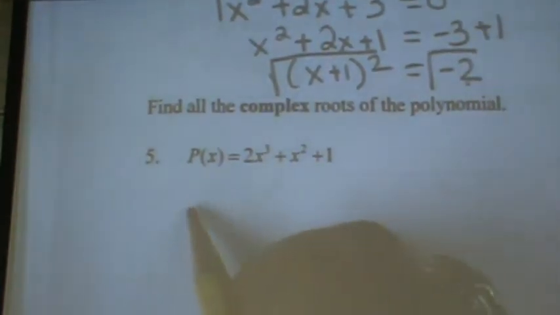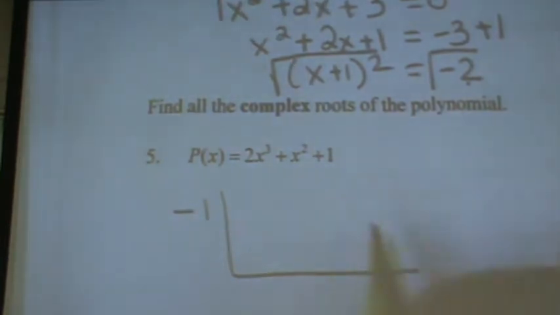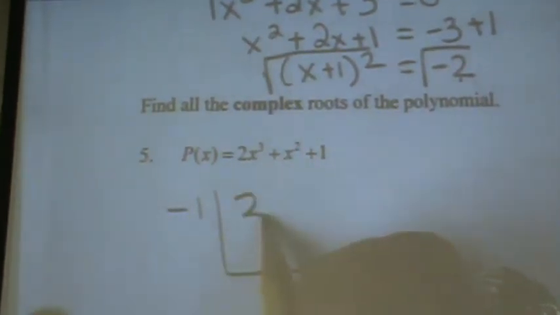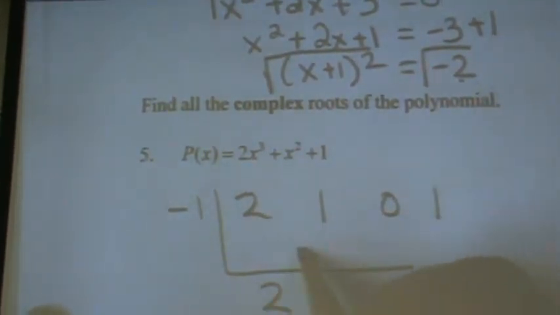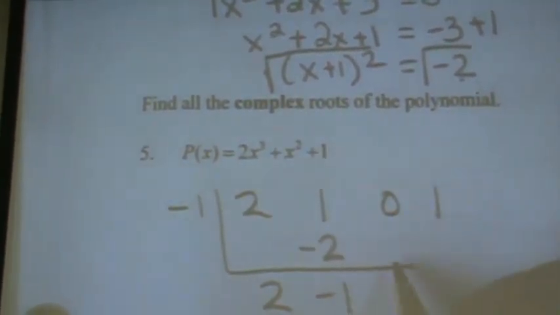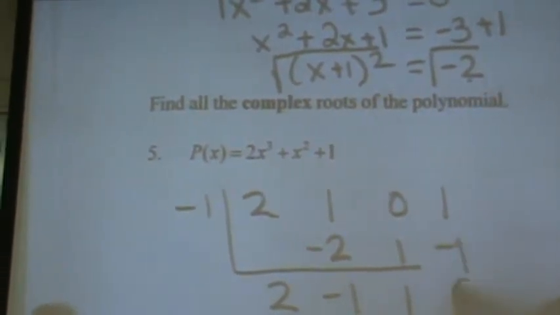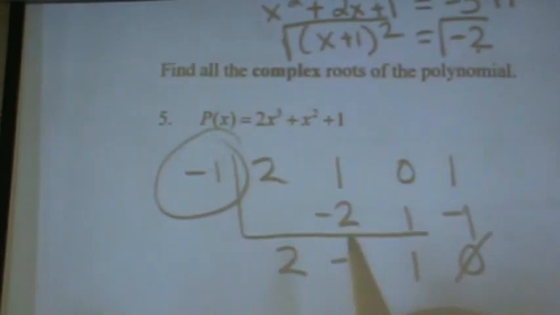So when you do this one, -1 works. You get 2, 1, 0, and 1. Bring down the 2. -2, add, multiply, and you get -1. That's your first real 0.